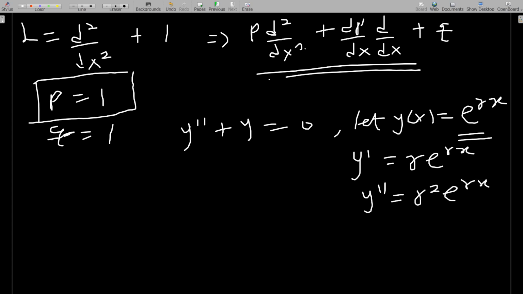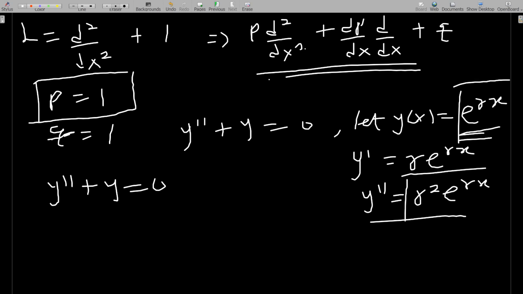So if I substitute y double prime and y in this, we have y prime prime plus y equals 0. If I put their respective functions in terms of e to the rx, I have r squared e to the rx plus e to the rx equal to 0.